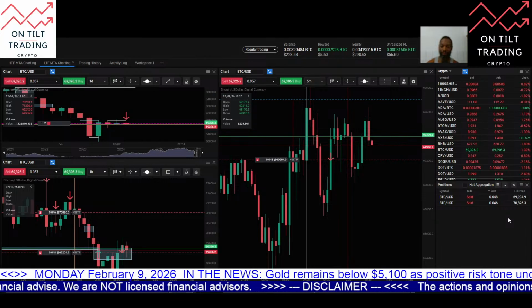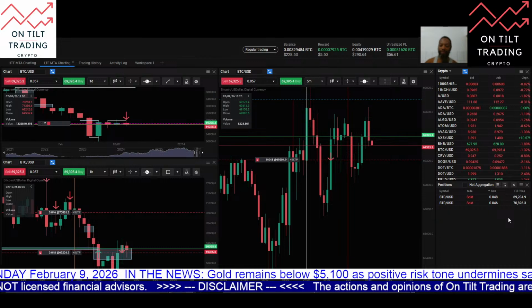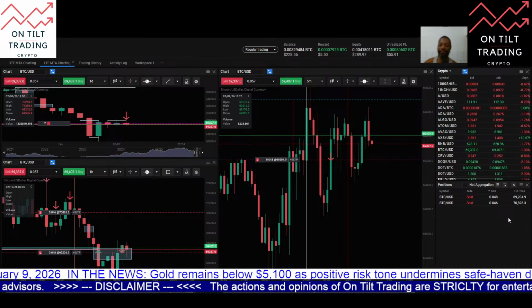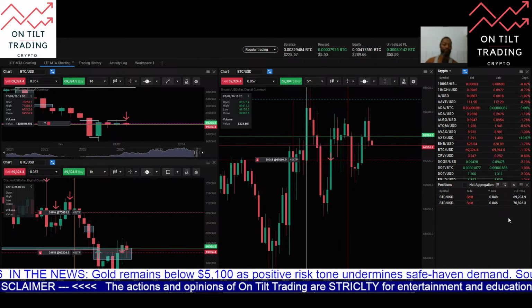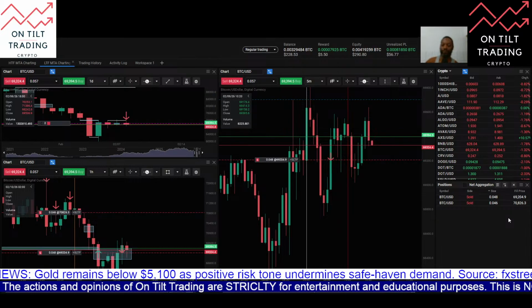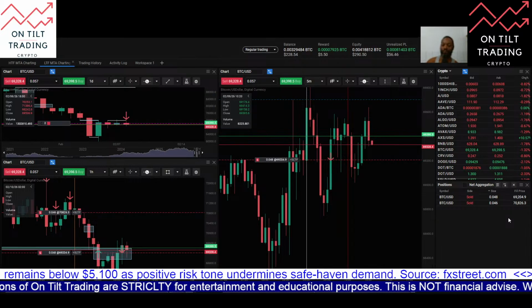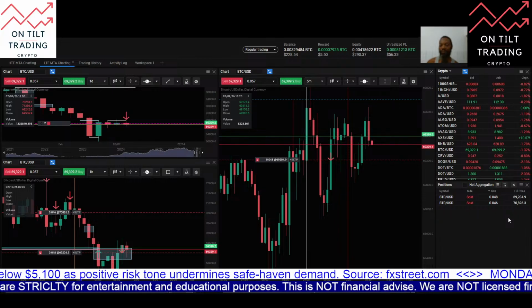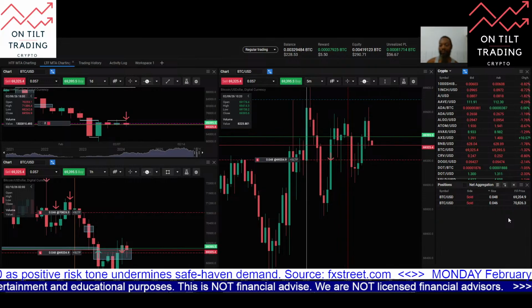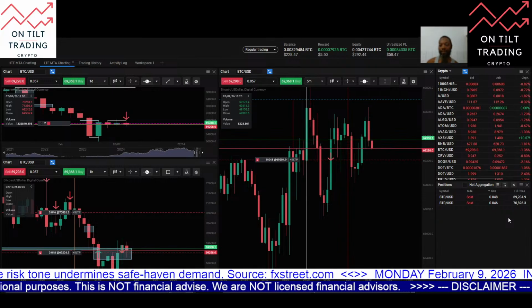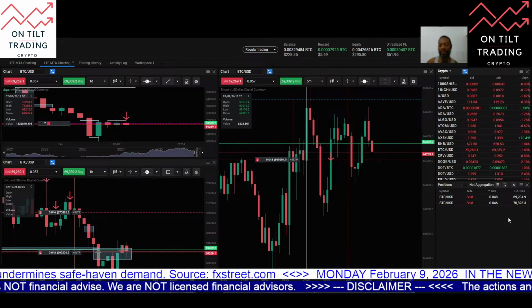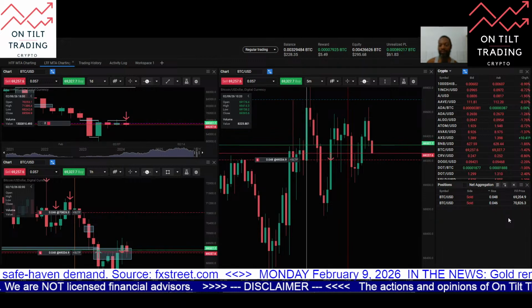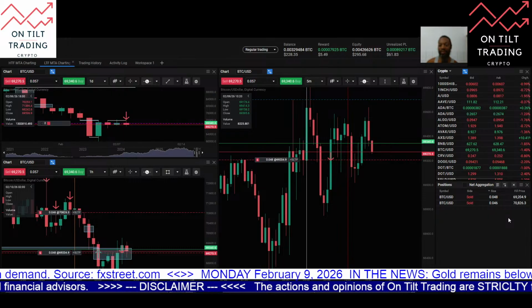Price testing the low of the previous 5-minute candle, trading at the 69,320 level. And price delivering lower, putting in a new 5-minute low, new 10-minute low. Price trading at the 69,270 level.